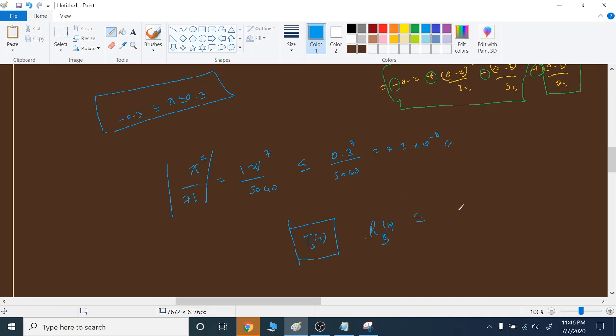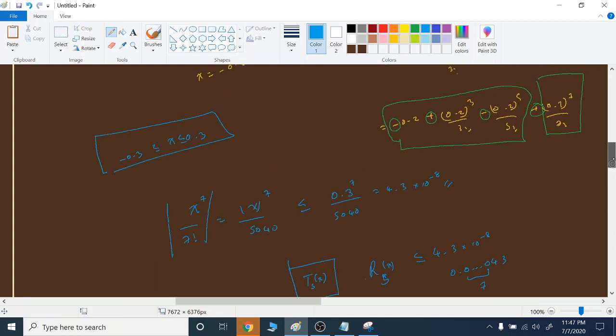When T5 is considered, the error will be at most this amount. Okay, so this means you have 0.00043 and you will get 7 zeros in here, right? So it is accurate up to the 7th decimal point. So it's a very good accuracy, right?